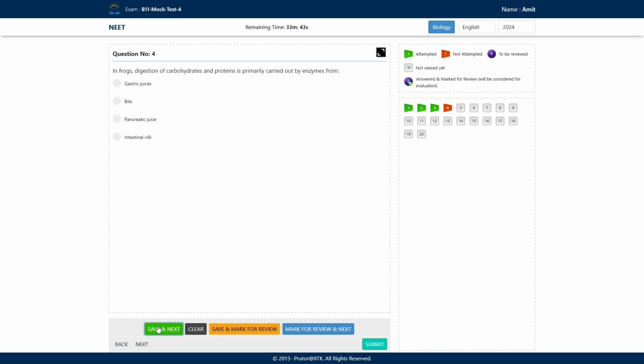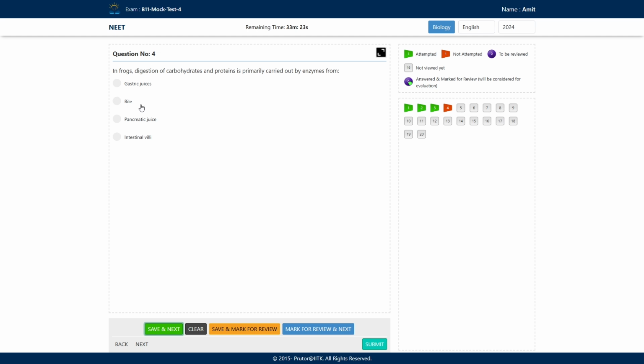Most of the carbohydrate and protein get digested here. See, the gastric juice is secreted in the stomach region, so that is not related to the digestion of carbohydrate. Some protein is digested there. So option A is incorrect.